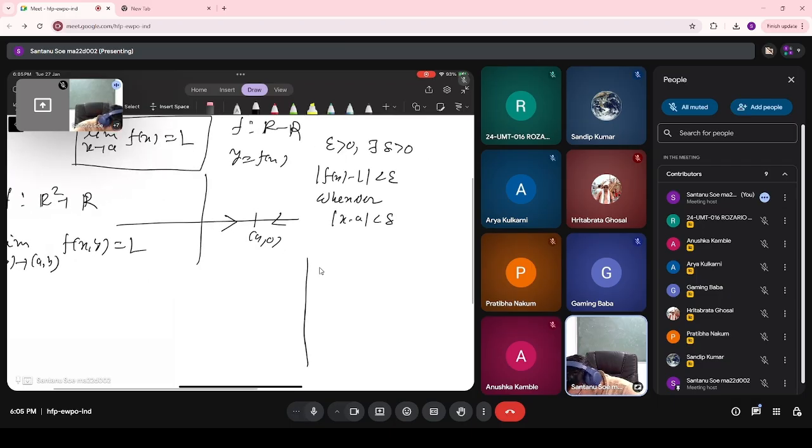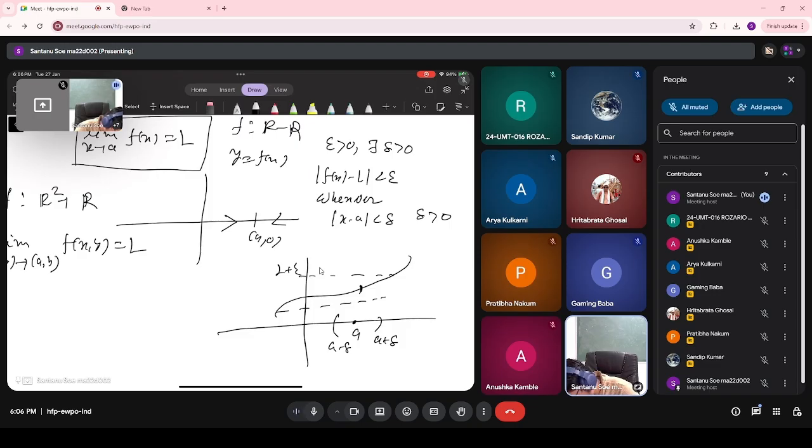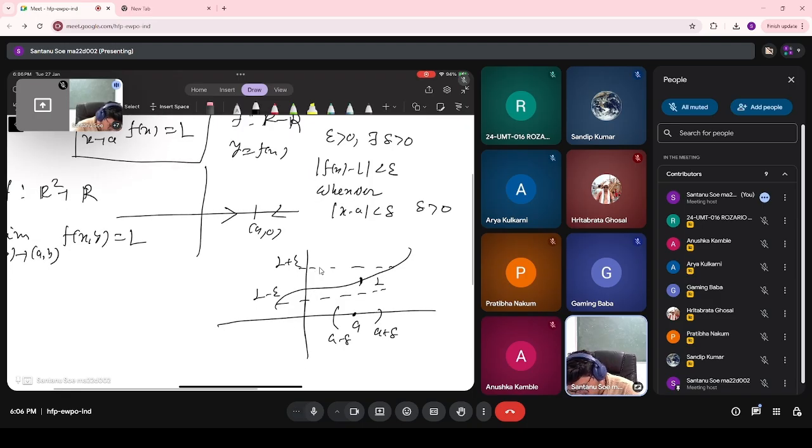For example, if this is a function and this is the point a, then the interval is a minus delta to a plus delta, for any delta greater than 0. If this is the limit L, then this will be L plus epsilon, and this will be L minus epsilon.